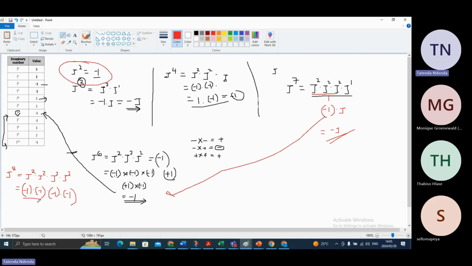So this one gives you 1 as a positive number, right? And this one also gives you 1 as a positive number. Then that one gives you a positive 1, because positive multiplied by positive gives a positive. Are we okay?